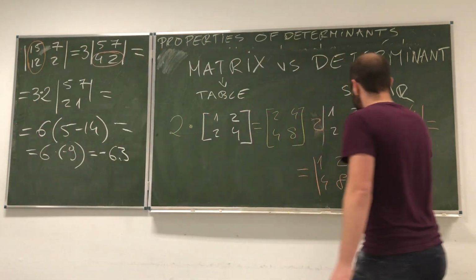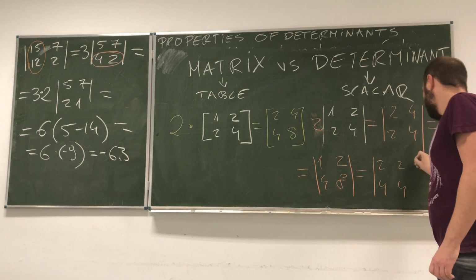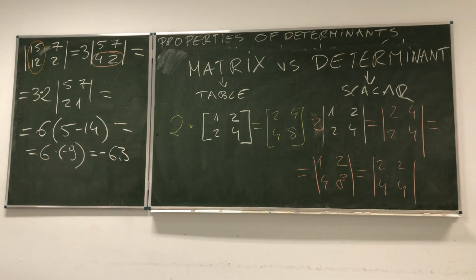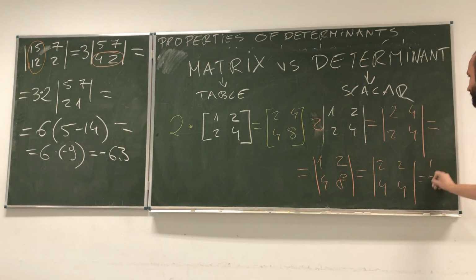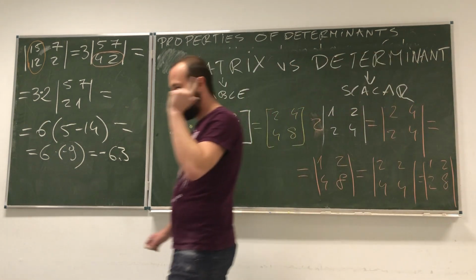Or this could be the same as 2, 4, 2, 4. And finally, this is the same as 1, 2, 2, 8. So look, remember, there's a big difference when we multiply a matrix by a number and multiply all the elements, and when we multiply a determinant by a number, where we need to just multiply any row or any column.